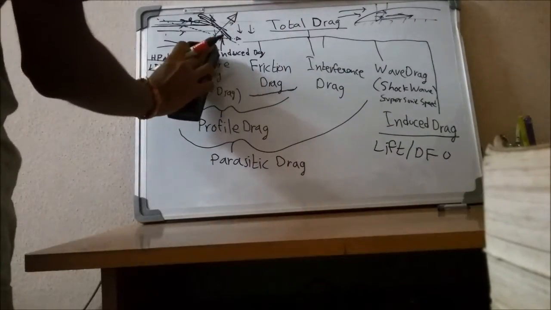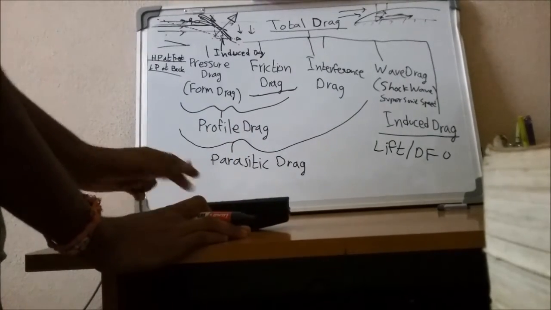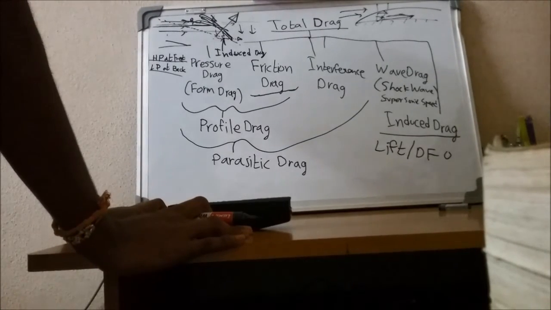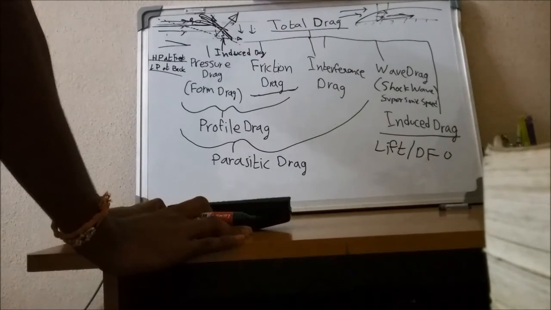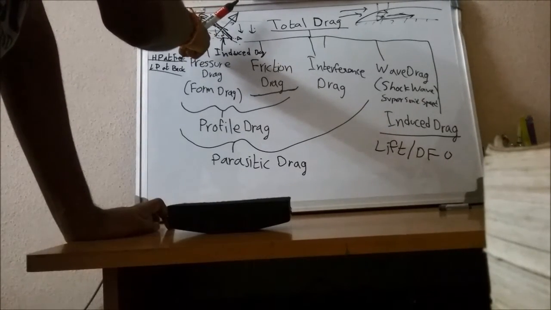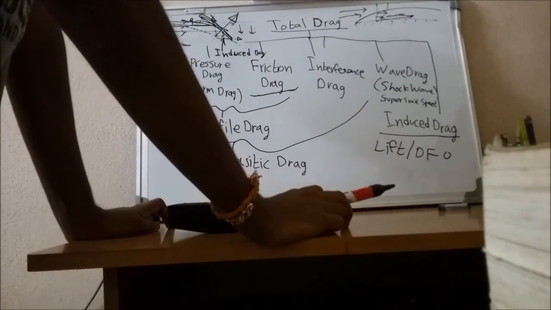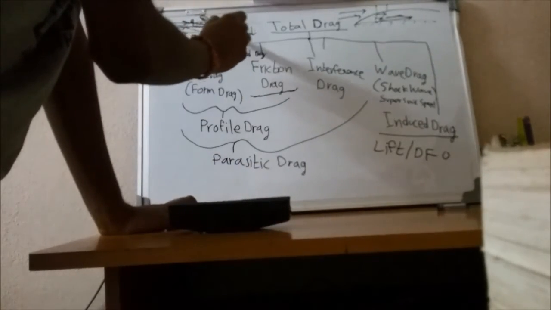Because we have a finite wing, and because of the presence of wingtip vortices, we have a loss of lift, and to compensate for that we have increased the angle of attack of the wing further, and we have an inclined resultant component of the lift, and due to this effect we also have a horizontal component.